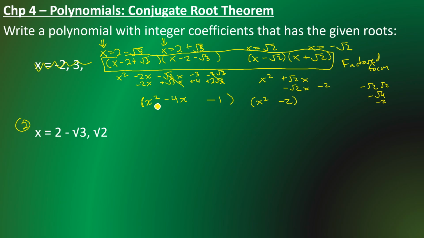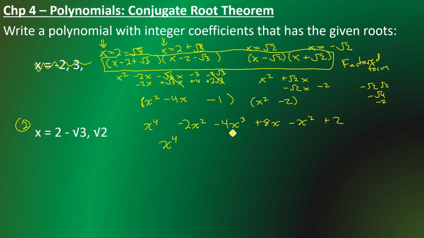Now I'm going to continue multiplying. X squared times that, x to the 4th, x squared times that, minus 2x squared. This, negative 4 times that, negative 4x cubed. This times this, plus 8x. This times this, minus x squared. And then finally, plus 2. And I'm going to do all the like terms and write it in order.